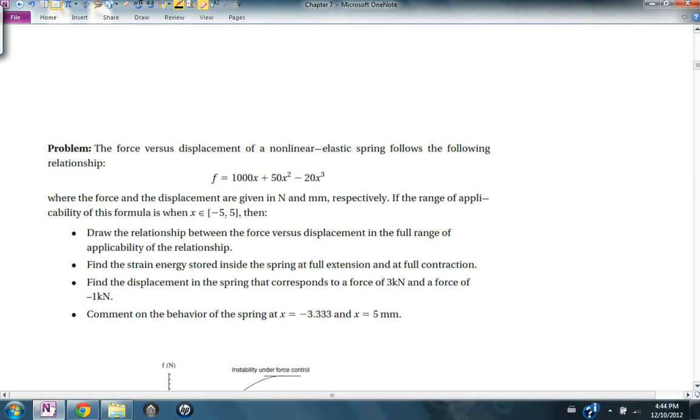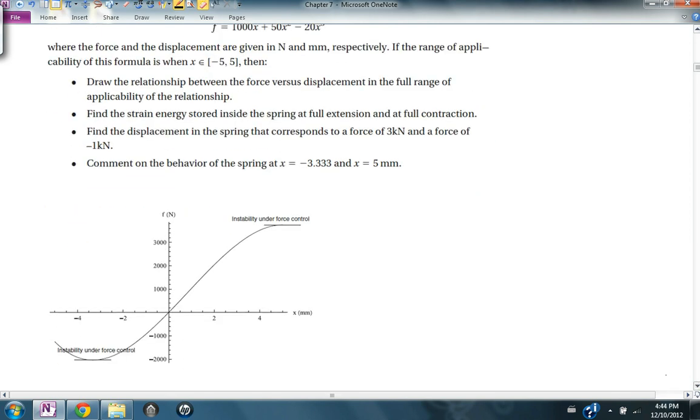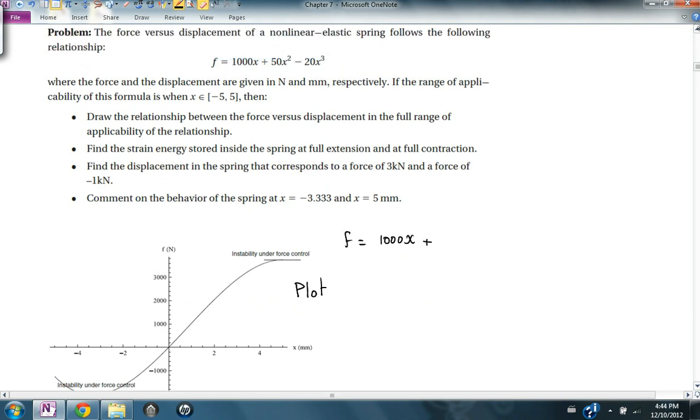So the first thing required is to draw the relationship between the force versus displacement in the full range of applicability of the relationship. You can just use Mathematica to plot. First define f is equal to 1,000 x plus 50x squared minus 20x cubed.